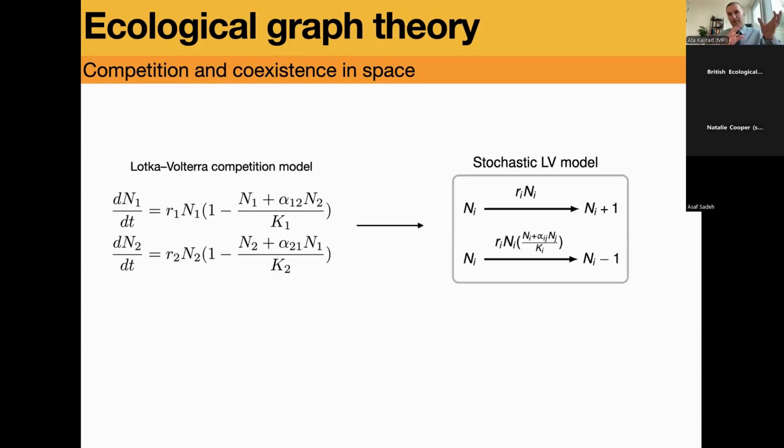For example, you can make it into a stochastic Lotka-Volterra model, which has been explored in the paper associated with this workshop. There you can turn the Lotka-Volterra competition model into reactions, a birth reaction and a death reaction. Conceptually, that makes it much easier to then transpose it onto a graph.